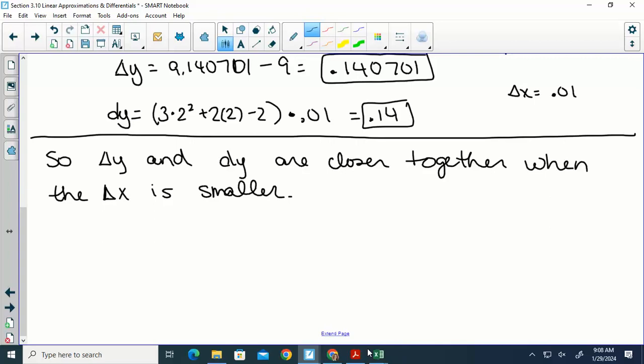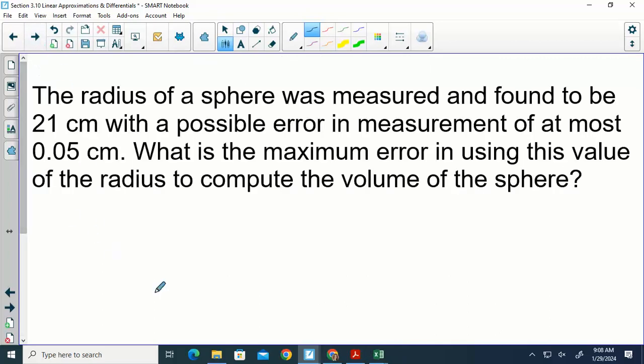So then I have one more example I'm going to look at. The radius of a sphere was measured and found to be 21 centimeters with a possible error in measurement of at most 0.05 centimeters.